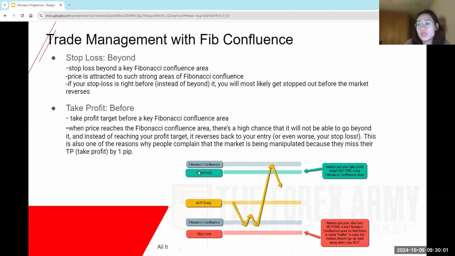Your stop loss would be here, above the confluence area, and your take profit would be above your Fibonacci confluence. So here, for a buy entry, take profit and stop loss are below. For a sell entry, take profit and stop loss will be placed above the confluence areas. That's typically how I try to remember it, but it's pretty intuitive as well.